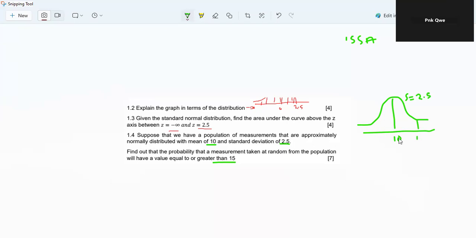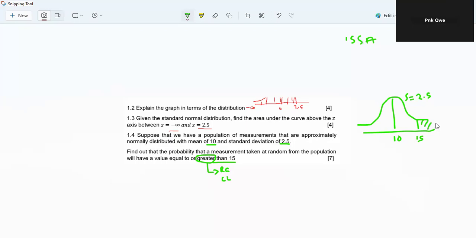On the right side or the left side of 10? On the right side. Where are we shading? On the right, because the term greater means right. RG, right is greater, LL, left is less than. So we're going to shade this area.